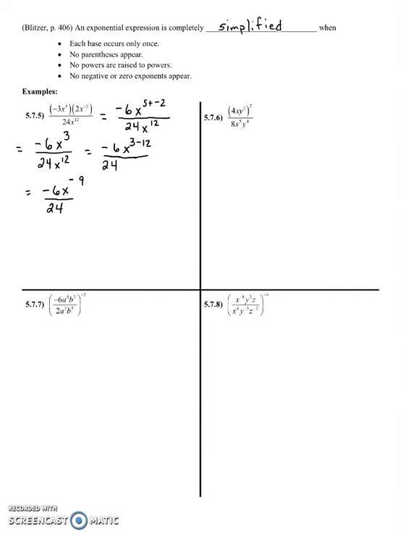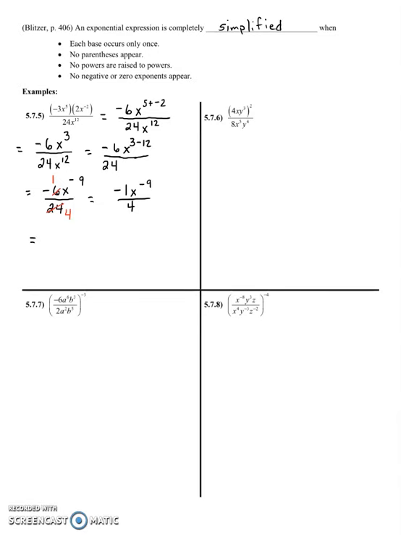Now, 6 goes into 24 4 times, and 6 goes into itself once. So we have -1 x to the -9 over 4.